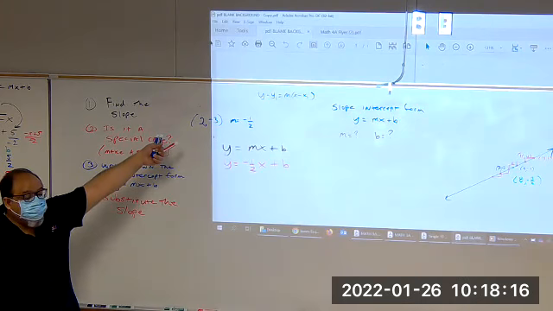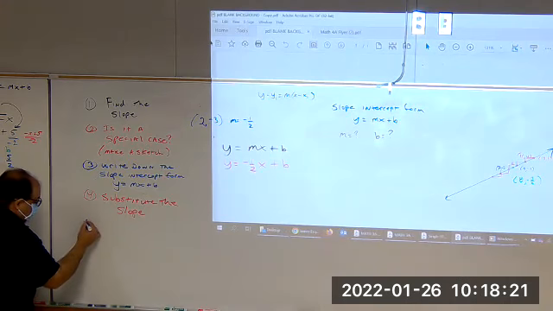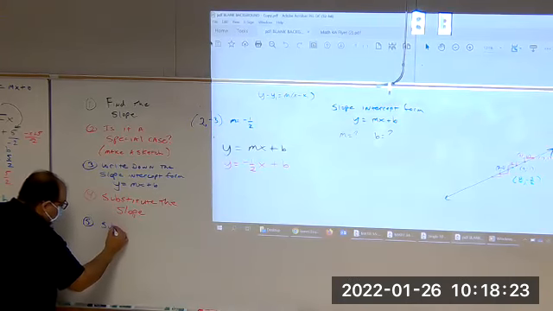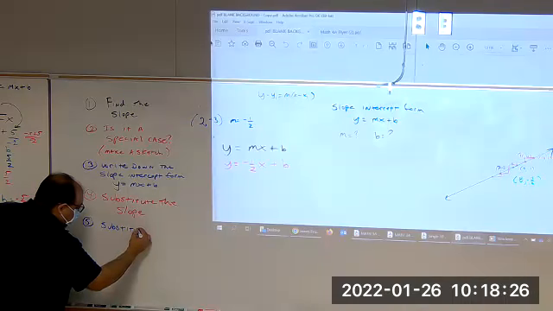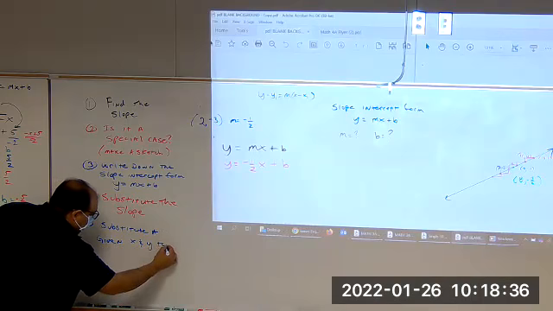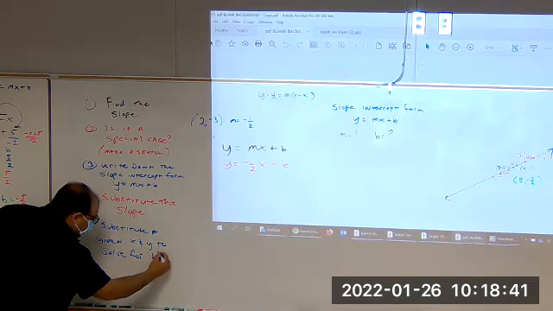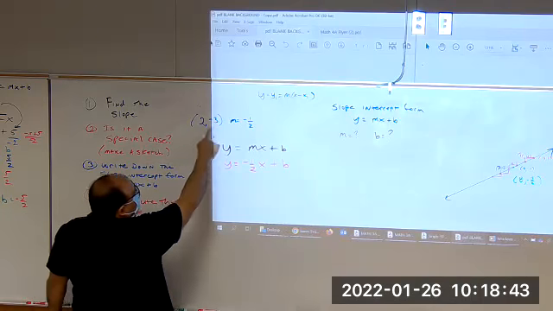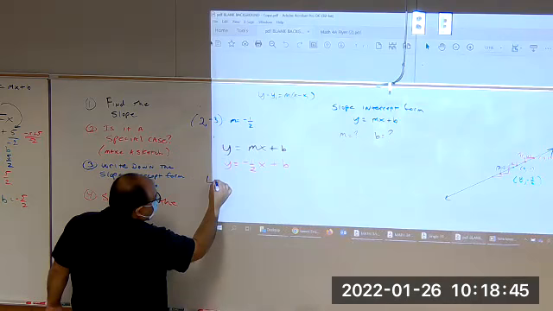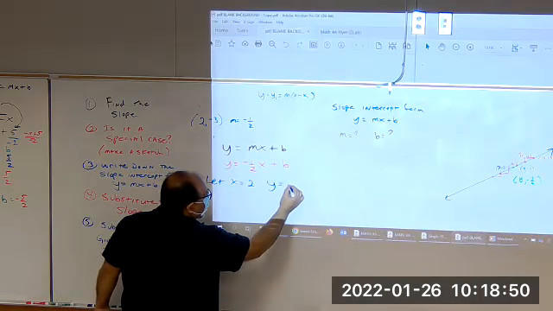So after you plug in the slope, step 5, substitute a given X and Y to solve for B. The only X and Y that I know of is this 2, -3, so remember that's X, X equals 2 and Y equals -3.